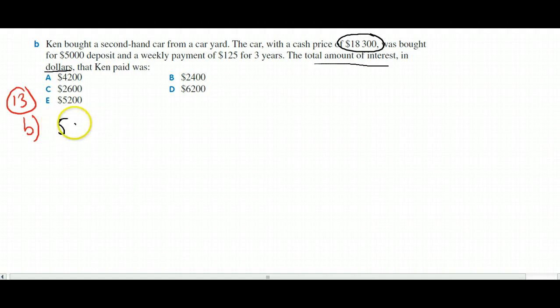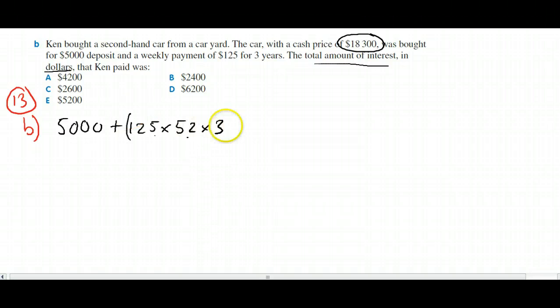There's an initial deposit of $5,000 and then weekly payments of $125 per week for 3 years. So there's 52 weeks in a year and there were 3 years, so it's 125 times 52 times 3. That's how much he actually paid.